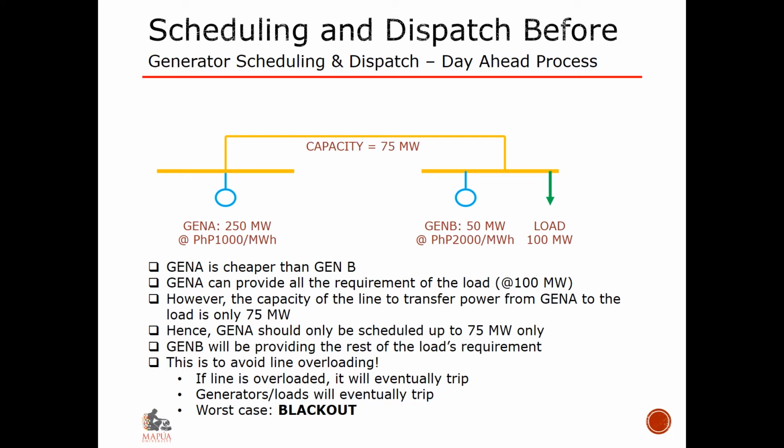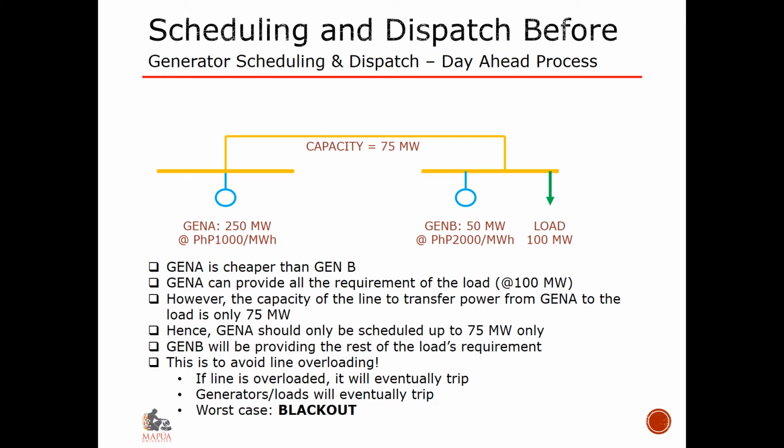That 100 megawatts that is being scheduled for Gen A obviously cannot all cross from its location to the load. So Gen A will now be scheduled down from 100 and ramped down to 75, where we're trying to maximize the capacity.